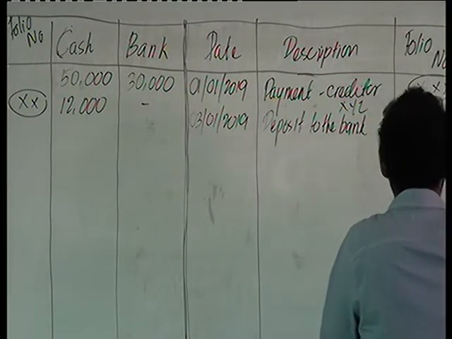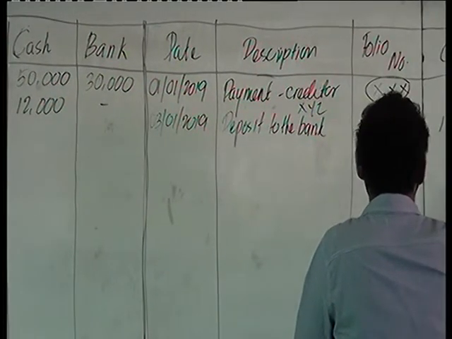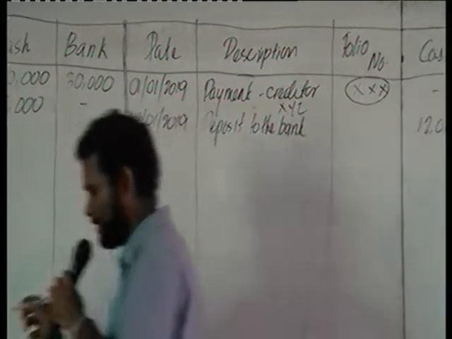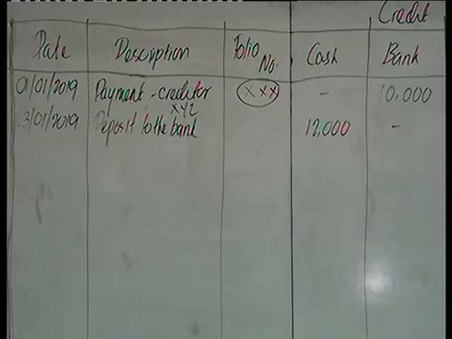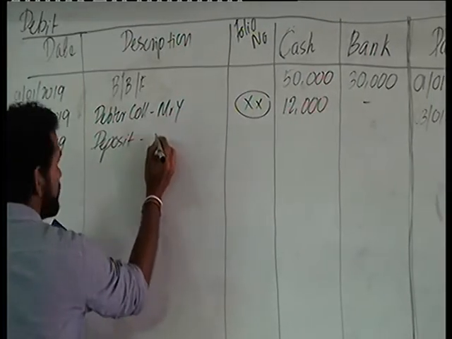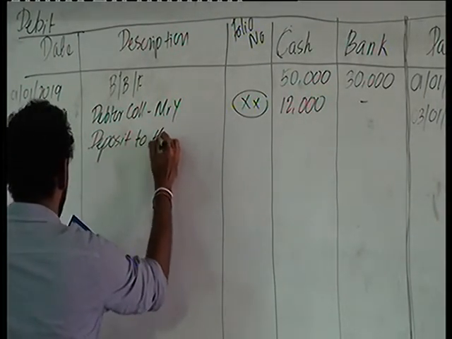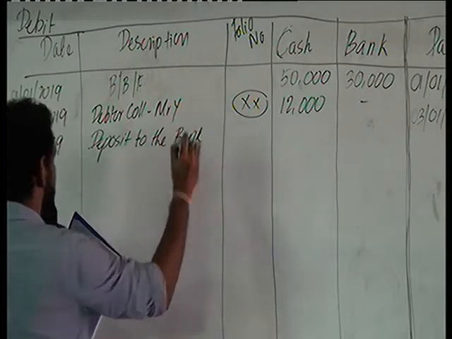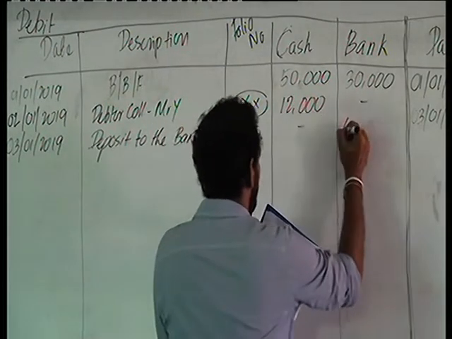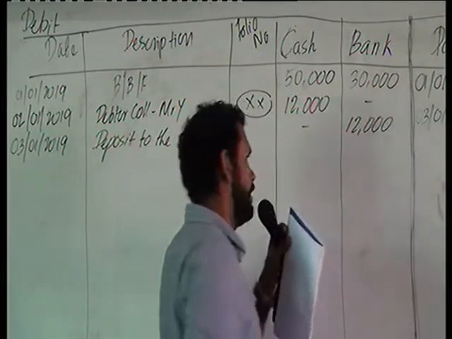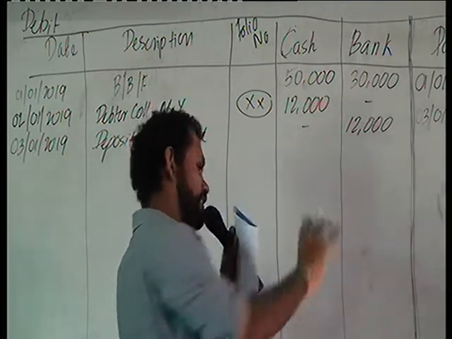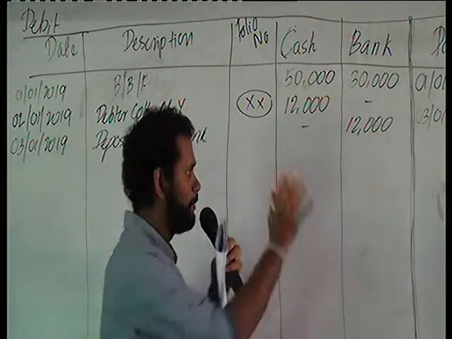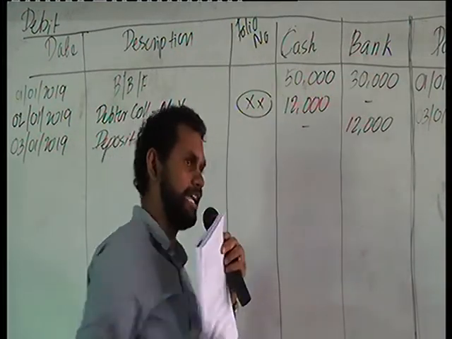So cash will be reduced by 12,000, and on the debit side, deposit to the bank, 12,000. From the cash it is reduced and deposited to the bank balance. You can see we debit the bank account and credit the cash balance.